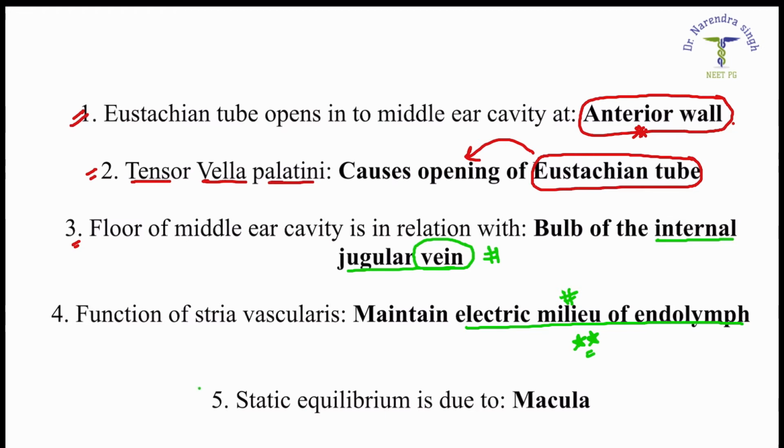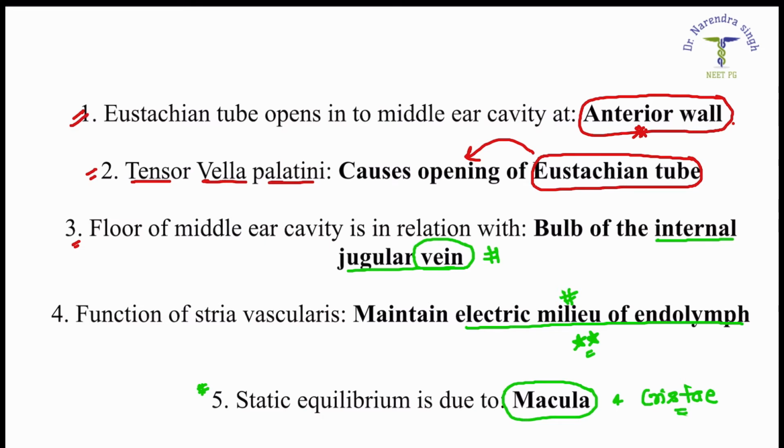Question number 5. We know that for the movement of the body, two main components are responsible inside the ear. One is the macula and the second is the cristae. The static part of equilibrium is controlled by the macula.